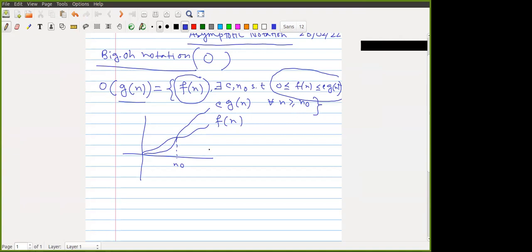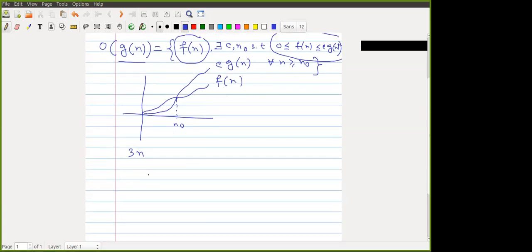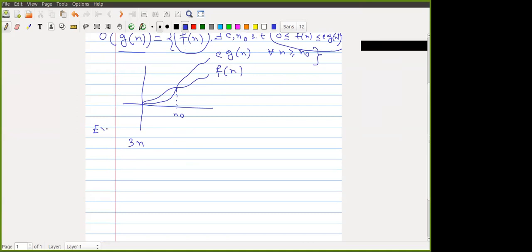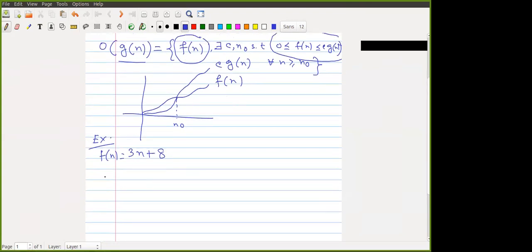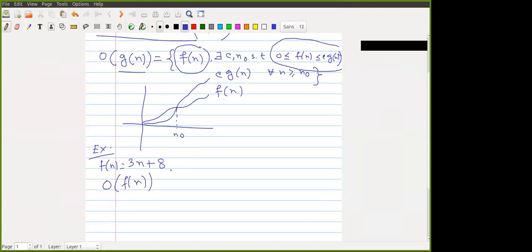Let's see an example. Let's take a function 3n plus 8. Can you tell me what can be the order of f(n), based only on these definitions?